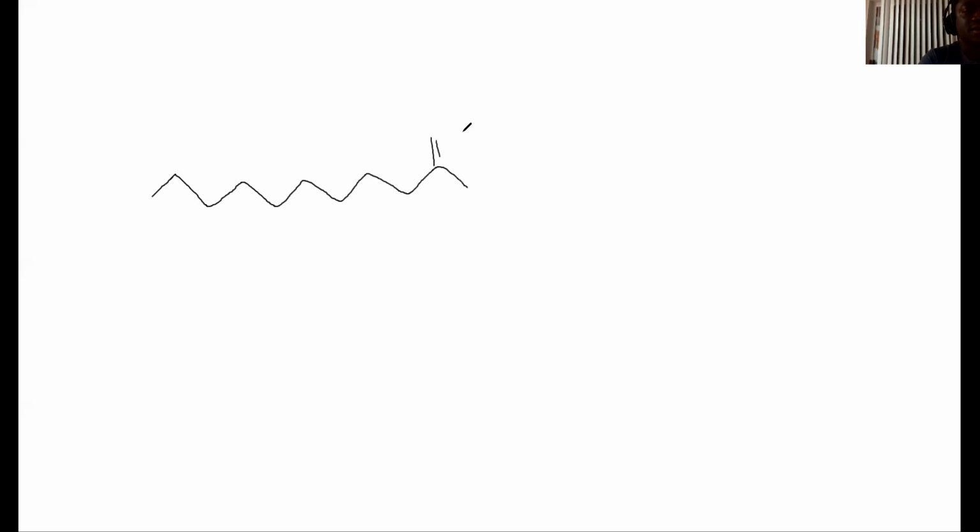Okay, so if you have a linear molecule like this, like so, and let's call this molecule A, for example.